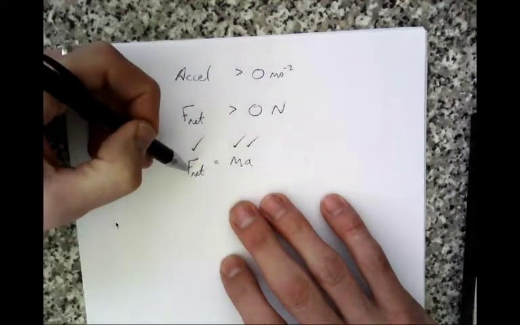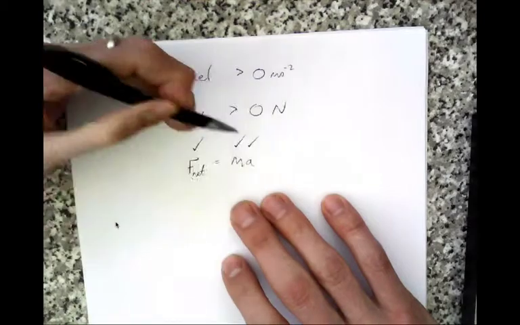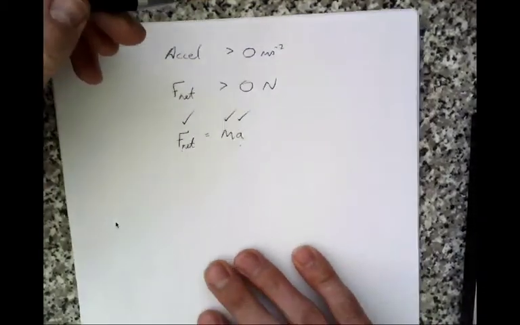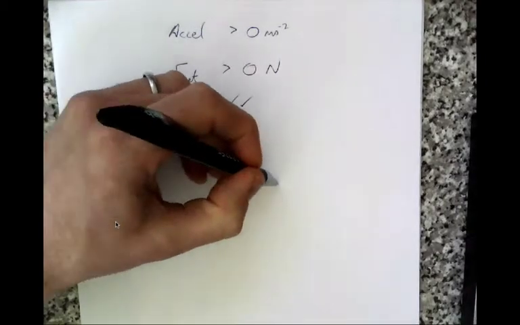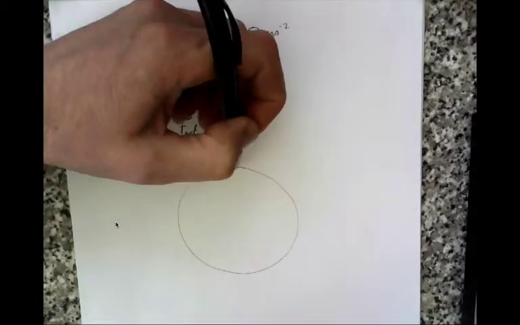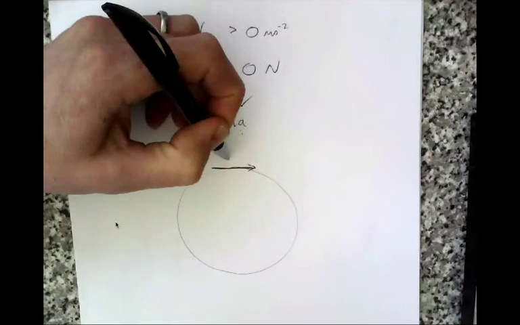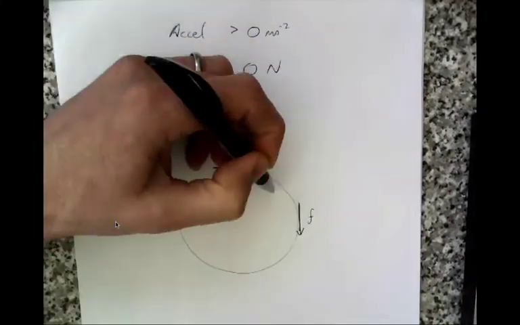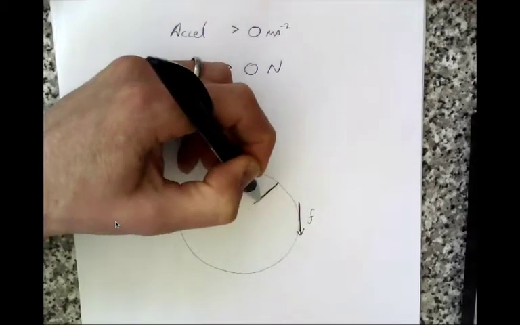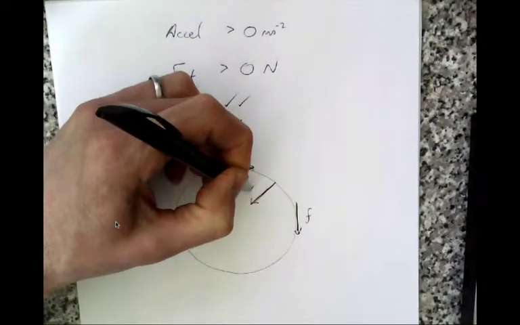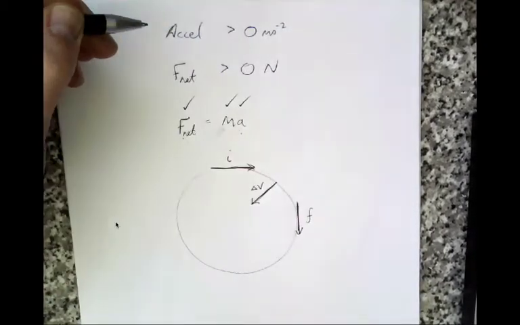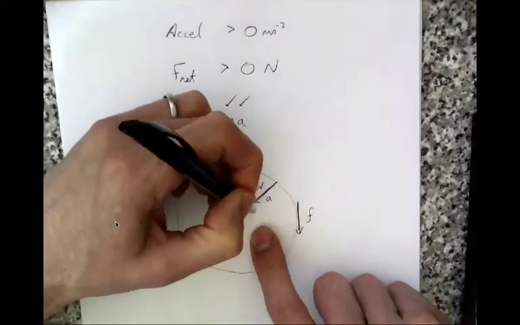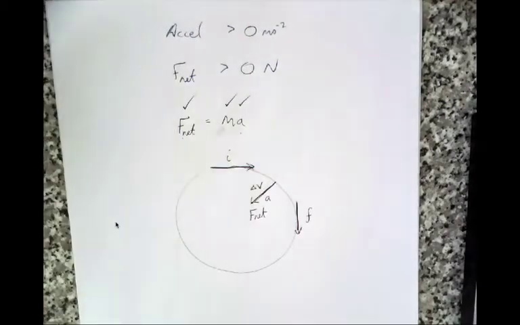The direction of the net force is the same as the direction of the acceleration. These are vector quantities. So if I redraw my circle here, with my initial and my final, this was my change in velocity, which is the same as saying my acceleration. This also gives me the direction of the net force.